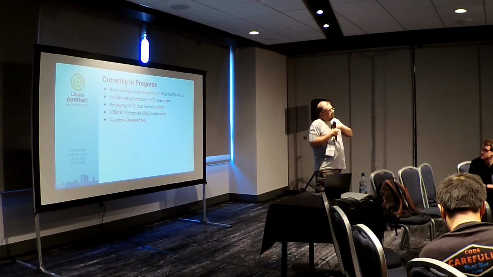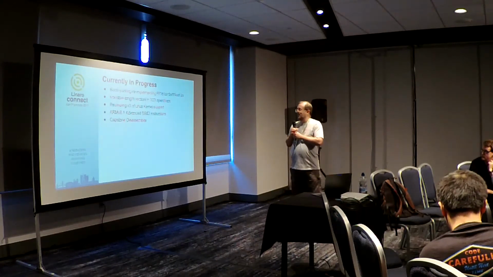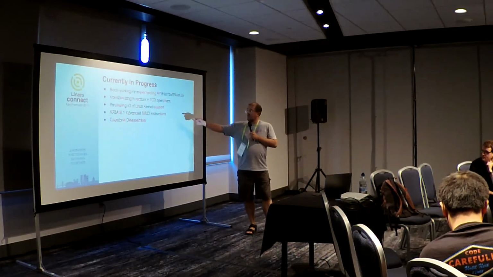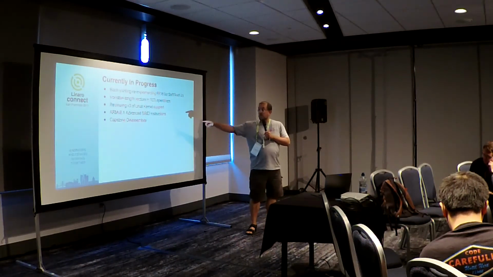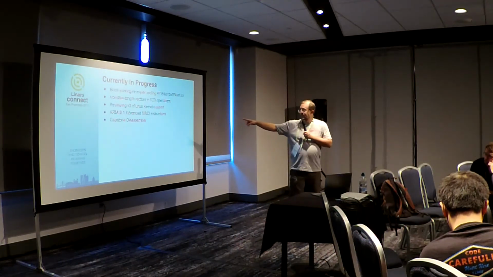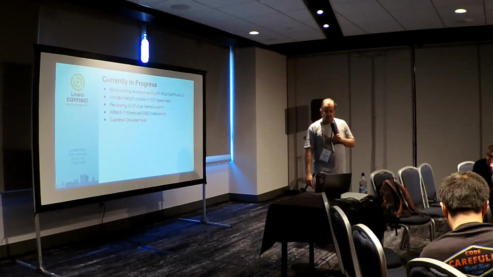We thought we'd better chip in our 2 pence on the design of the API. There's work currently going on the 8.1 advanced SIMD instructions, and again, the Capstone disassembler that I mentioned, there are posts on the lists.